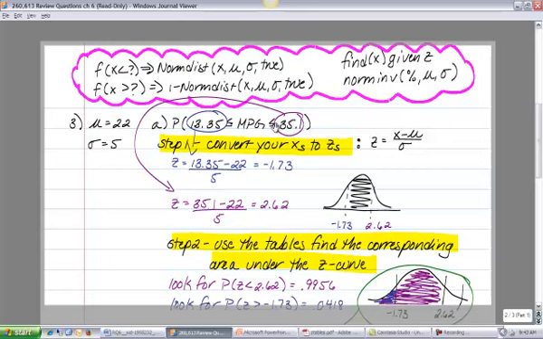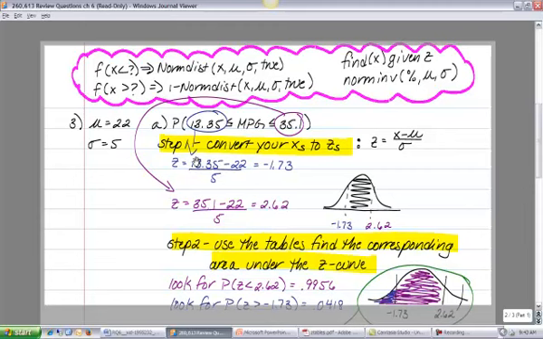My first step is to convert my x values to z values. I use my formula z is equal to the quantity x minus mu divided by sigma. So my first conversion you're going to see in blue. I want to convert that 13.35 into its corresponding z-score.